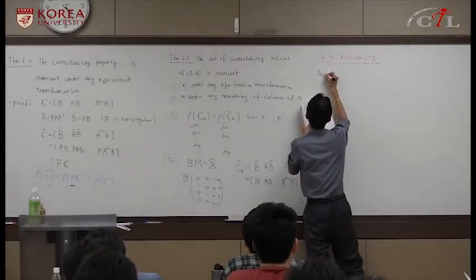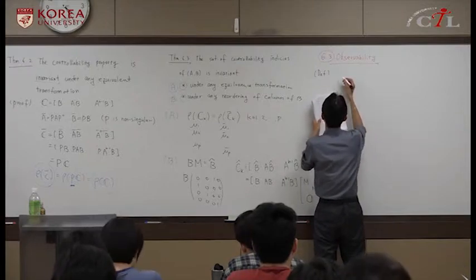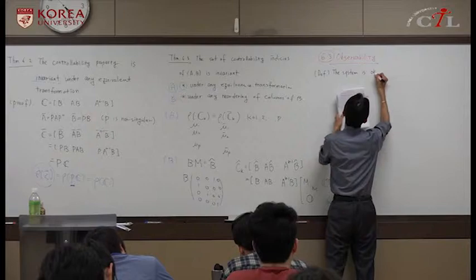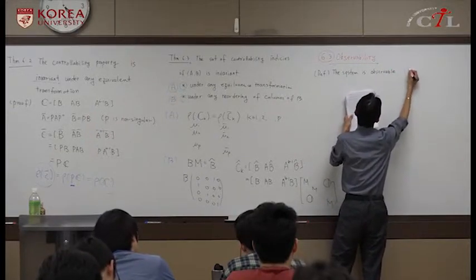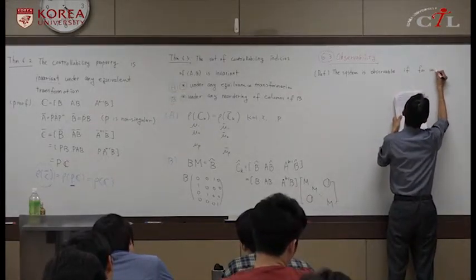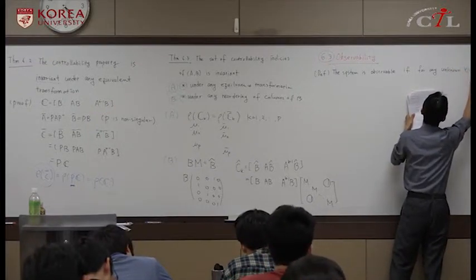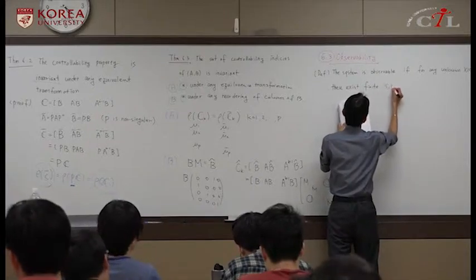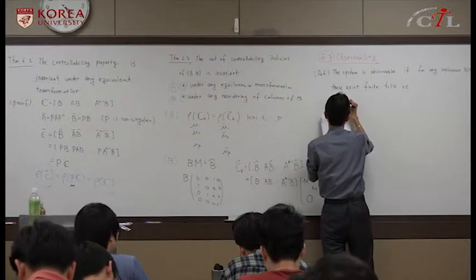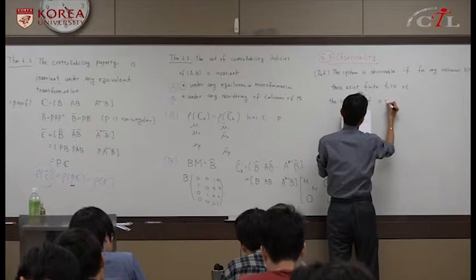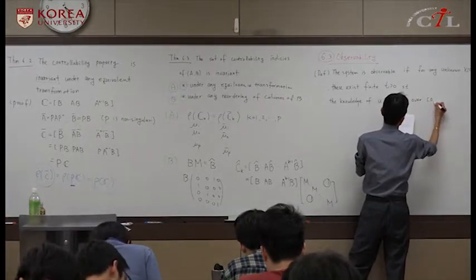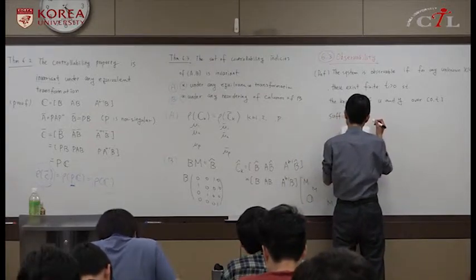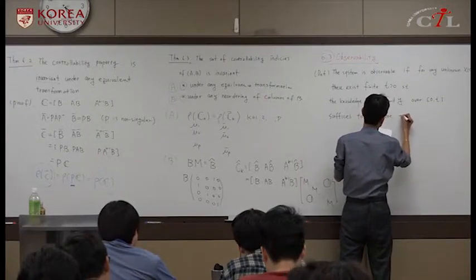So rigorously, let me write down the definition. The system is said to be observable if for any unknown initial state, there exists a finite T1 such that the knowledge of u and y over 0 to T1 suffices to determine the initial state.